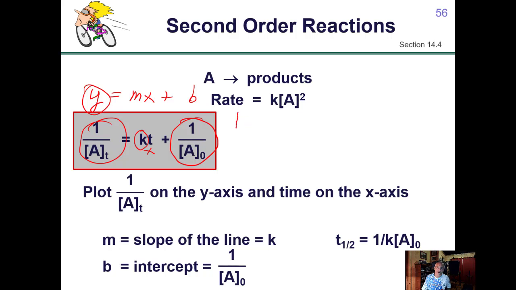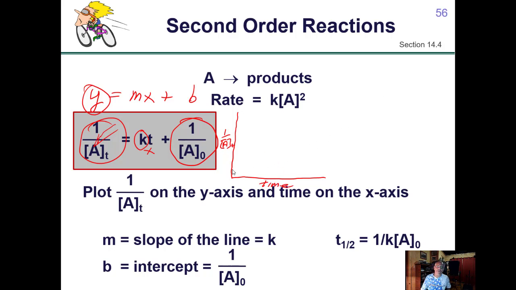If I were to take a chance and do this drawing, I know there's an easier way to do this. This is the y-axis, which is 1 over A at time t, this guy right there. Time is on the x-axis.